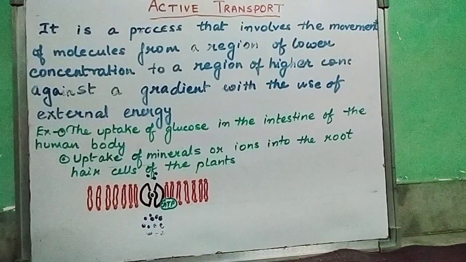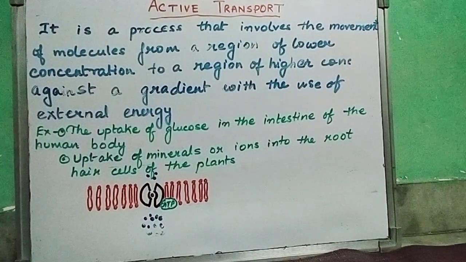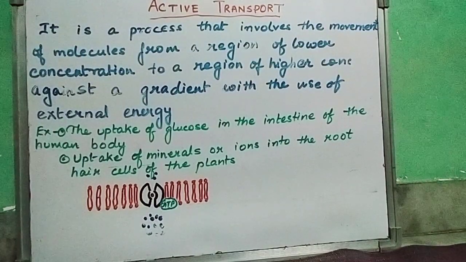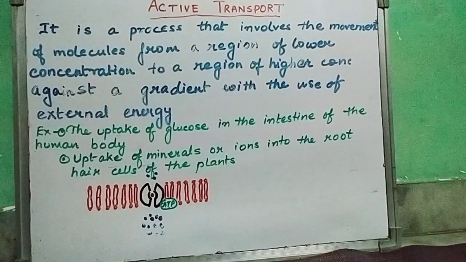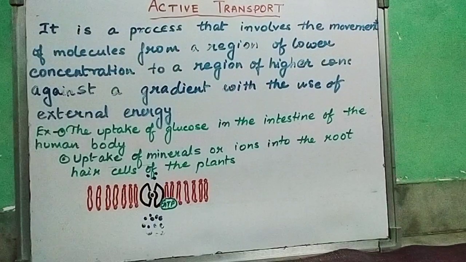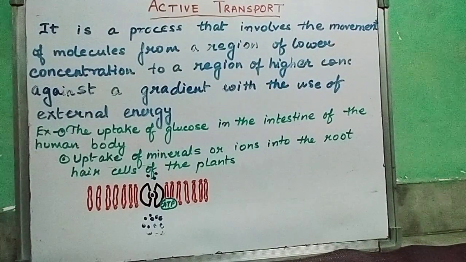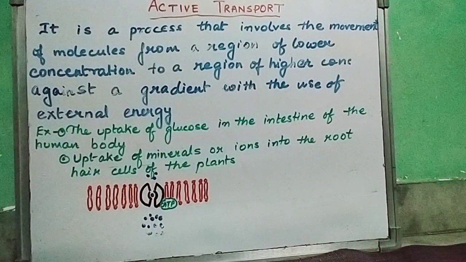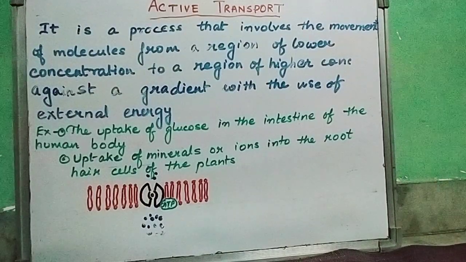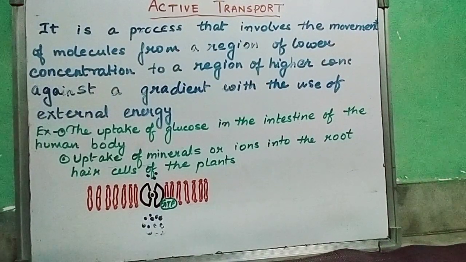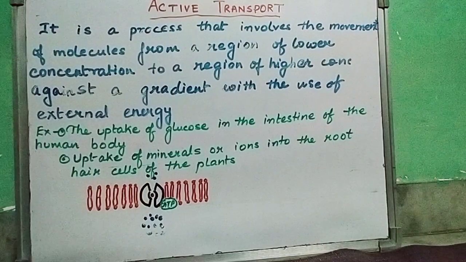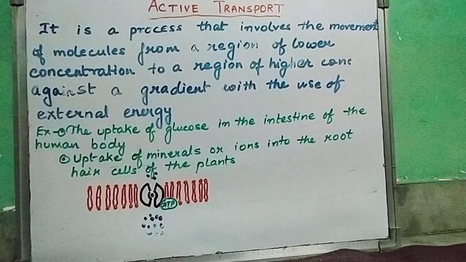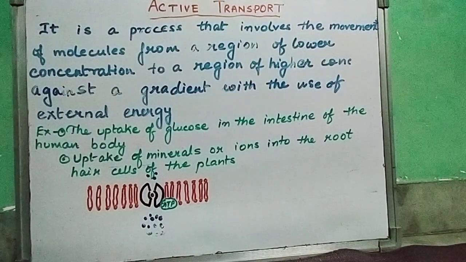In the human body also, in metabolic processes, different kinds of minerals are passed into the cell from outside to inside or inside to outside. For example, one of the best examples is movement of the calcium ion in the heart muscles. That is one of the most important examples of active transport in humans.